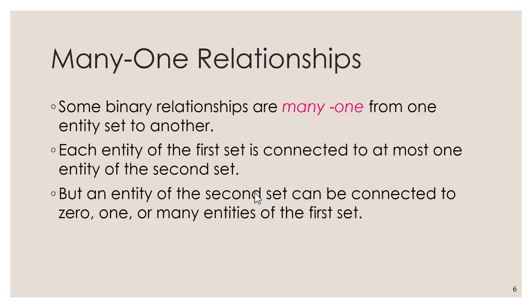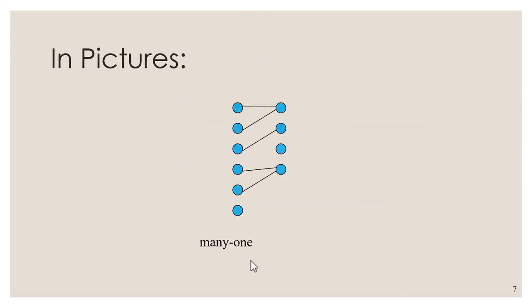The next one is called many-to-one. Okay, so each entity from the first set on the left-hand side is connected to at most one on the second side, but an entity from the second set can be connected to 0, 1, or many entities from the first set. Okay, so this is what it looks like.